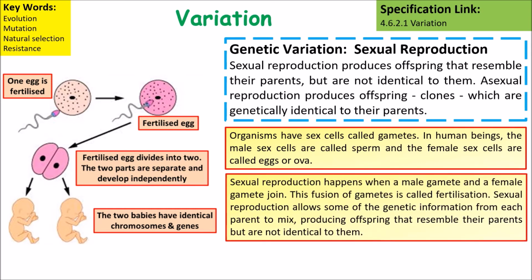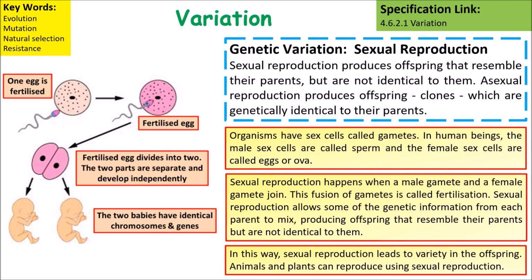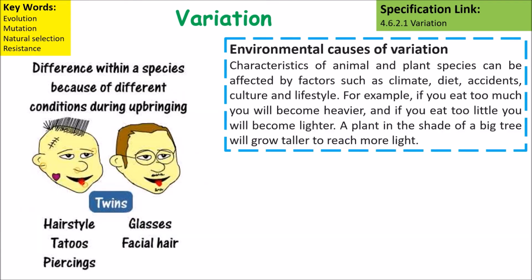Sexual reproduction happens when a male and a female gamete fuse together. The fusion of gametes results in a mixture of the DNA or chromosomes from both the mother and the father, which can lead to genetic variation. In this way, sexual reproduction leads to variety in the offspring, like we've just said.